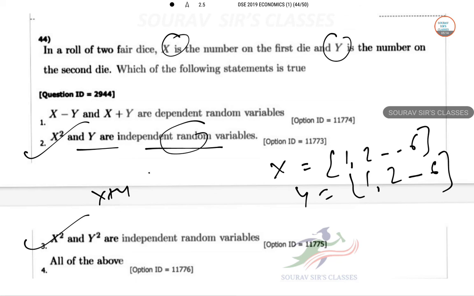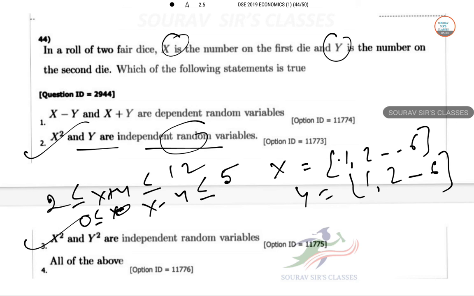So x plus y's range goes up to 12. For x minus y, the lowest possible value is obviously 0 if they are the same. But what is the highest value? 6 and 1, so the highest value is 5. Okay. So obviously these two random variables cannot be independent as well. So this is also dependent random variables. So this is true. So all of the above is true.